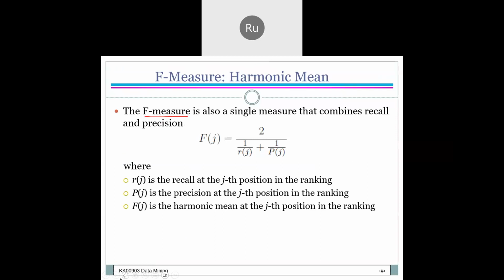By having this, we will be able to summarize. If this is 1 and this is 1, then you get 1. So the F measure is a single measure that combines both recall and precision, so you don't have to worry. The F measure can summarize the overall performance of the retrieval using the recall and precision that they have.